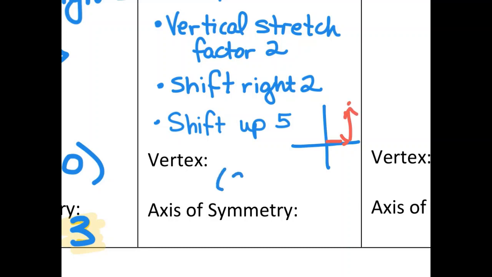So your new vertex is going to be 2, 5. And the axis of symmetry, x equals 2, because 2 is the x value of the vertex.